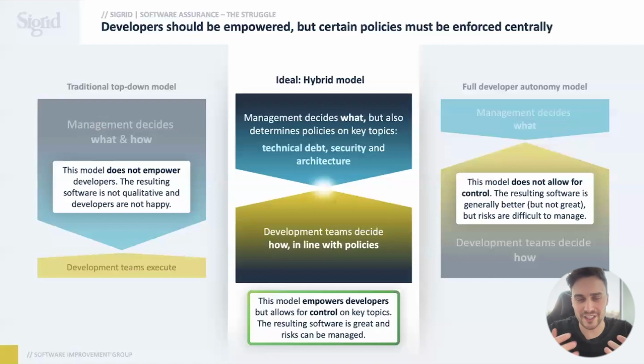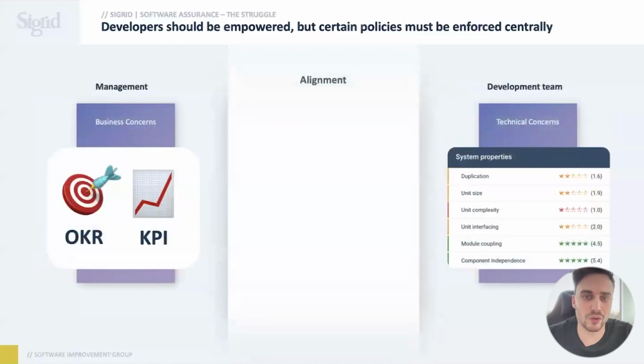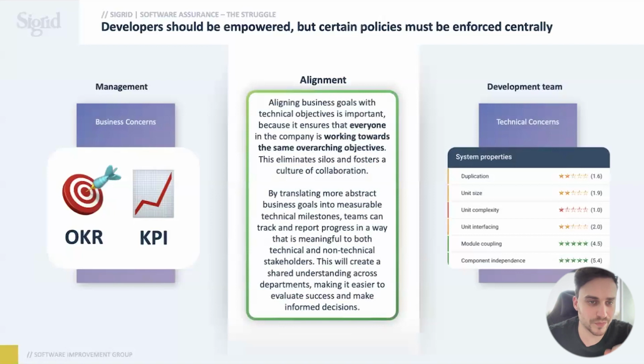And actually to work towards a hybrid model like this, one of the things you can do is align on these objectives. As you see on the left, management mainly thinks about business concerns. They write this down as, for example, OKRs, objective key results, KPIs, key performance indicators. There are a lot of terms to define business concerns and goals.